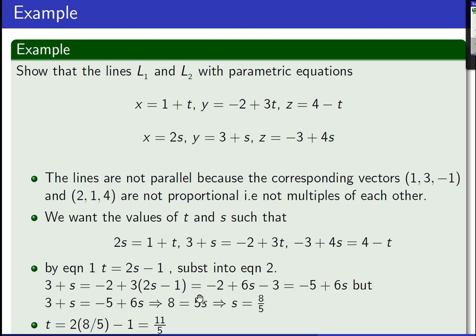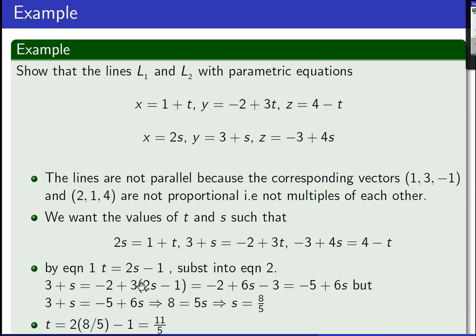You can even take the last two equations. The point is, as long as you can find t and s such that every component of these vectors is equal to one another, that's what you need to arrive at. Even if you choose two different equations from mine, you will still get the right answer.